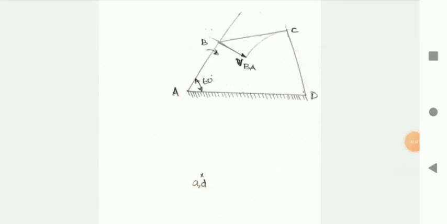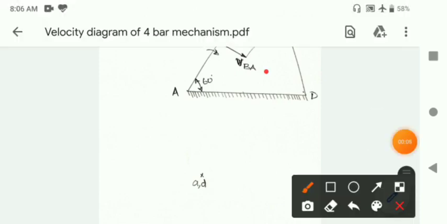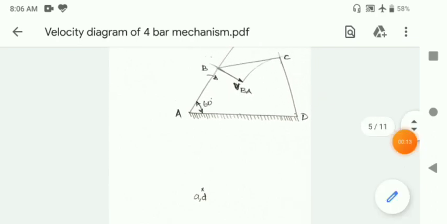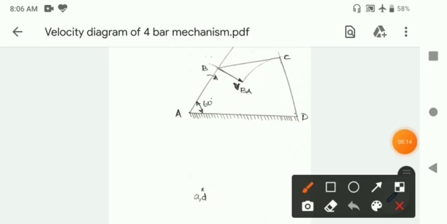Now to indicate the velocity of B relative to A, we have found out the magnitude and direction.